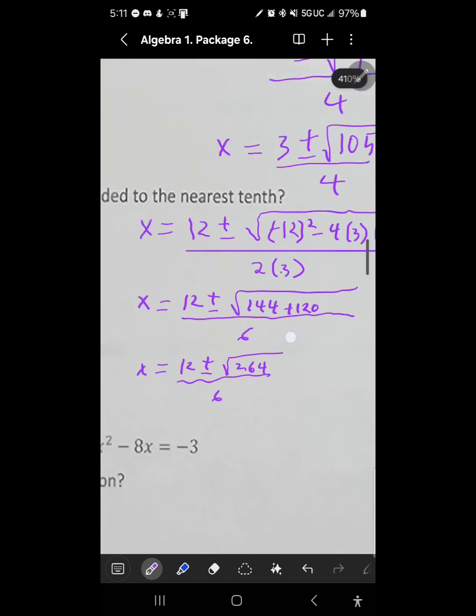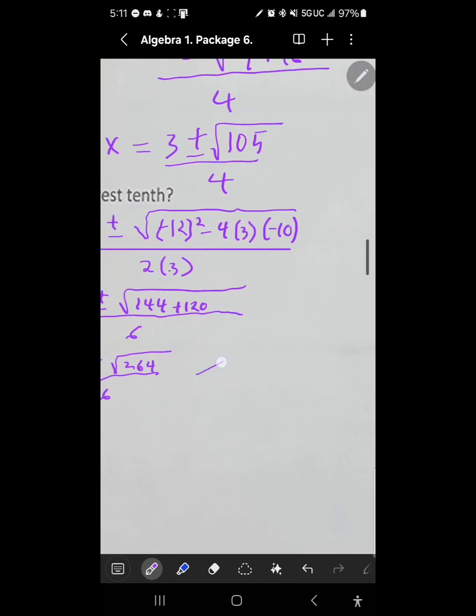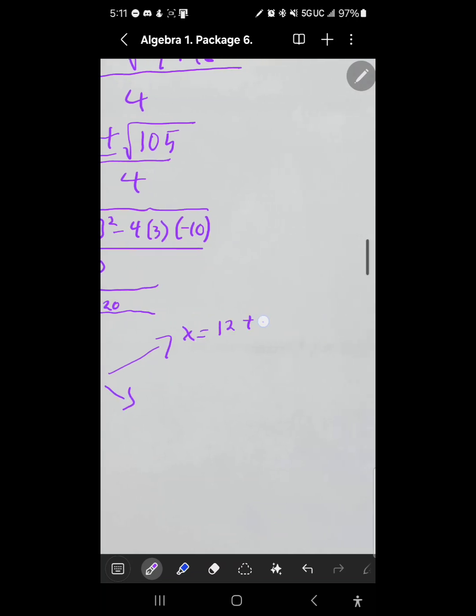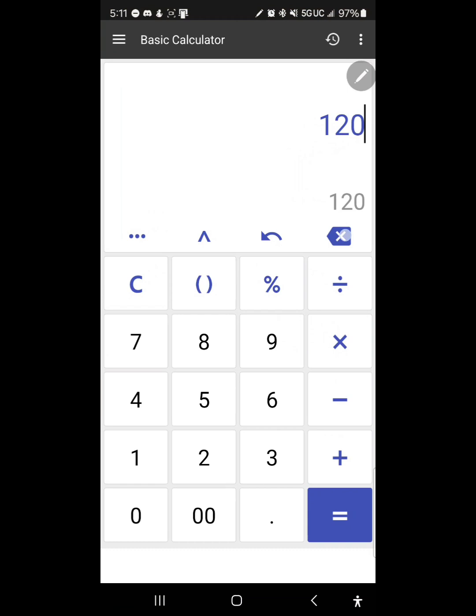You see the plus minus, so we can rewrite this as x equals 12 plus the square root of 264 over 6, and x equals 12 minus the square root of 264 over 6. So I'm going to go to my calculator.